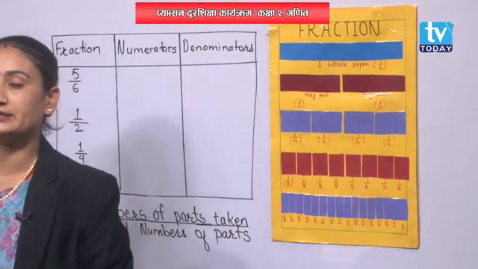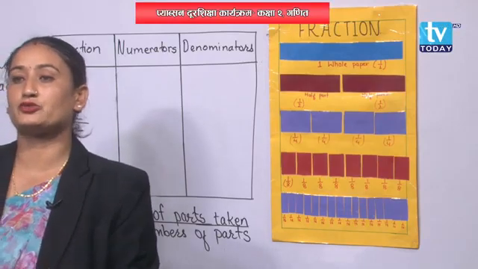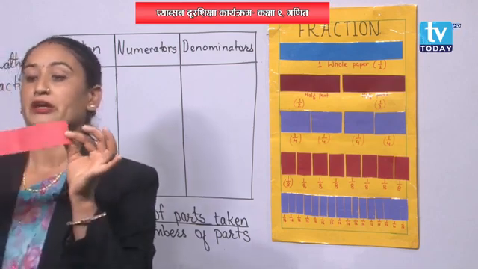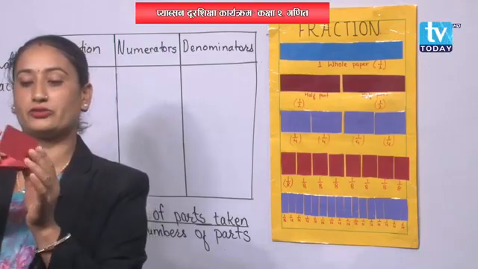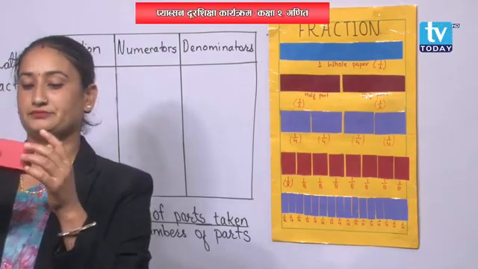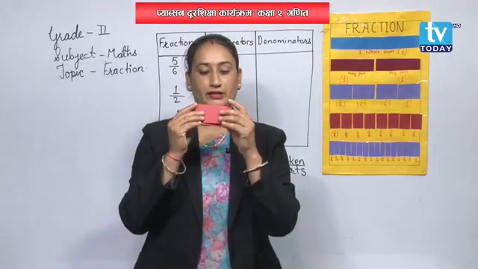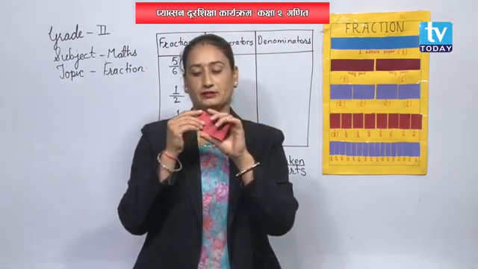Do you understand? Okay, dear students, now we are going to make different fractions from this single paper. If you fold the paper this way, equally in 3 parts, see, if I fold this paper equally in 3 parts, you can also fold it equally.